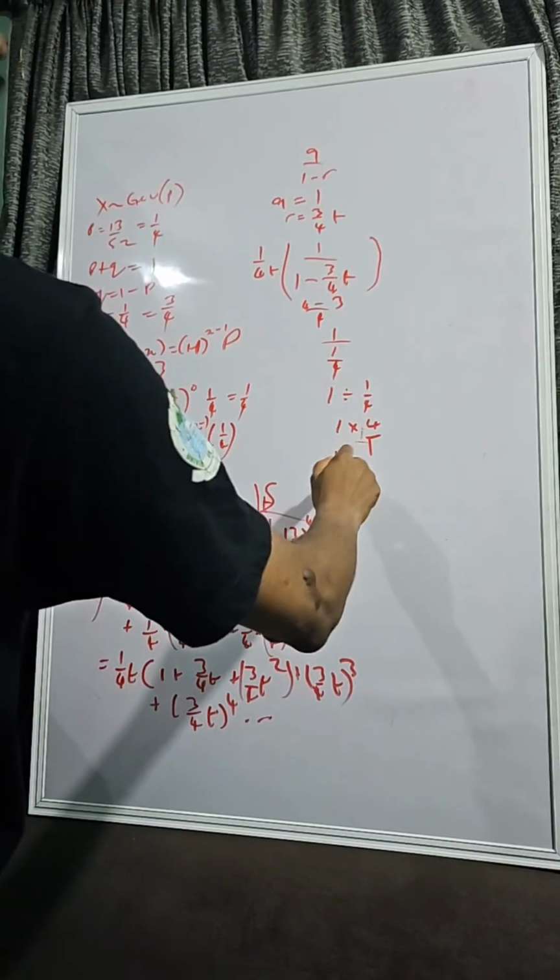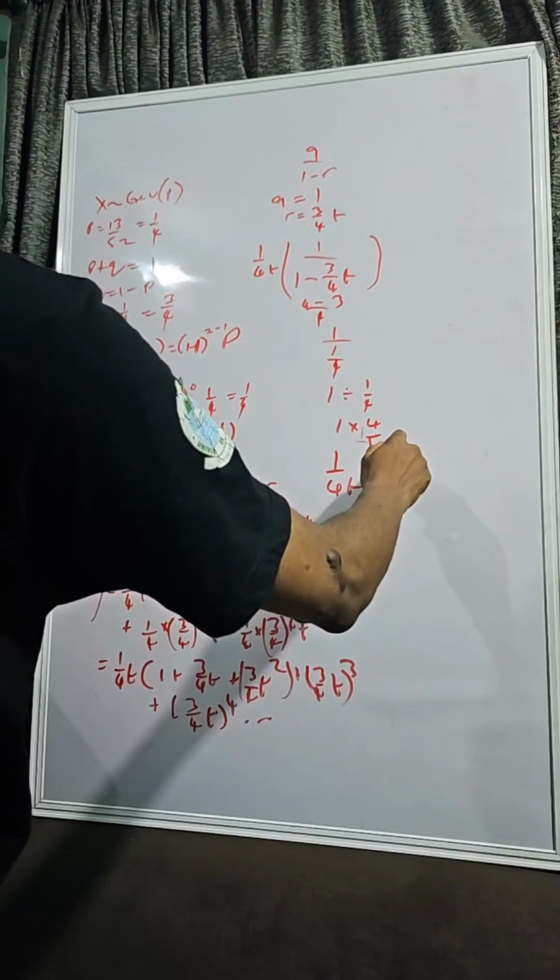So this will be 1 over 4t times 4 over 1.